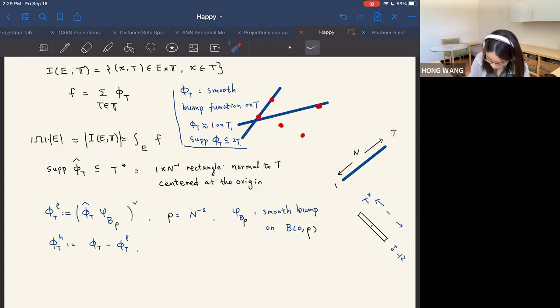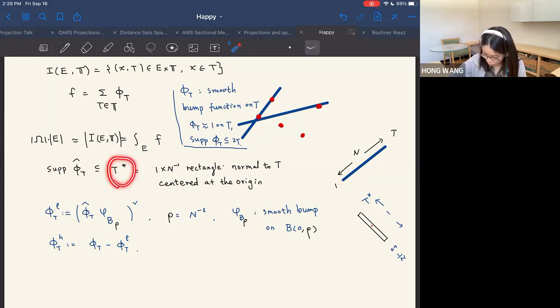And so we want to give an upper bound on the integral of f on E, and we are going to use Fourier analysis. So the Fourier transform of phi_T is supported on the dual of T. T is a convex set, a 1 times n rectangle.